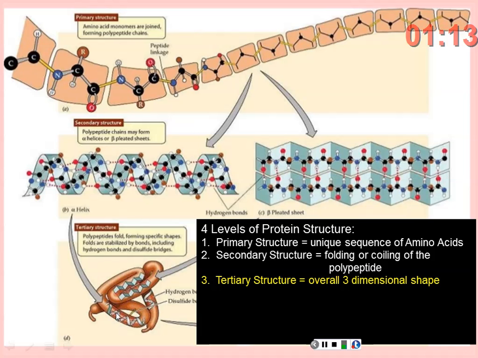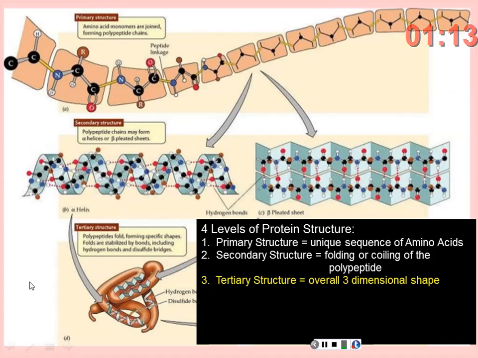That shape is a result of all of those interactions between the R groups and the R groups with the environment. Those interactions are defined by where they are in the chain. Where they are in the chain determines the relationships which determine the shape. Does that make sense?